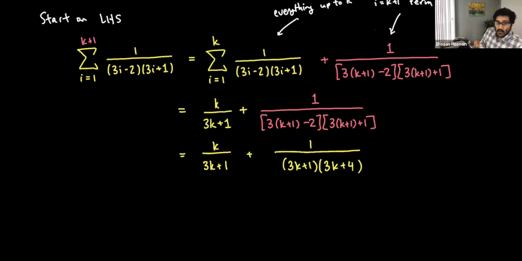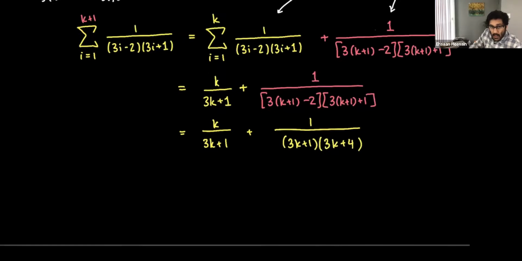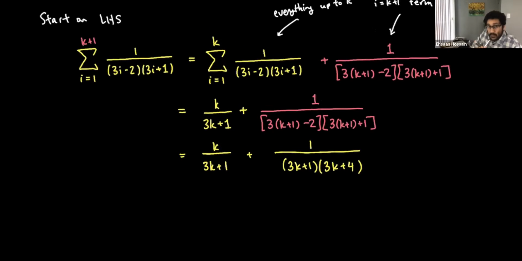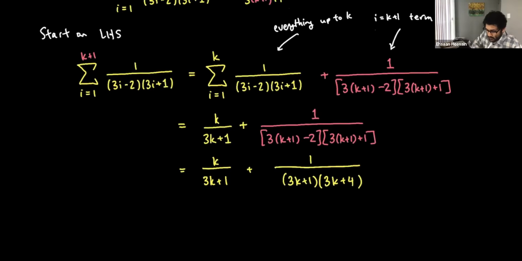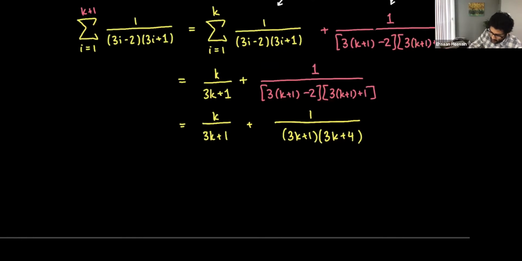Okay. And then what do I do? I guess I should get a common denominator here, right? So why don't I multiply that by 3k plus 4, this missing term, 3k plus 4 over 3k plus 4, just to introduce the common denominator.